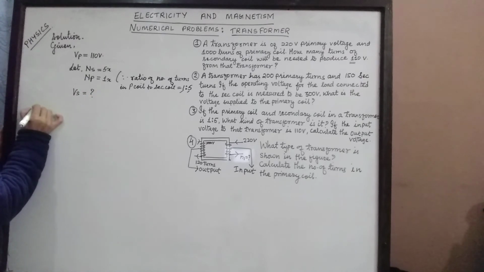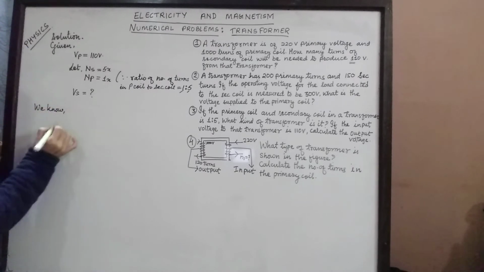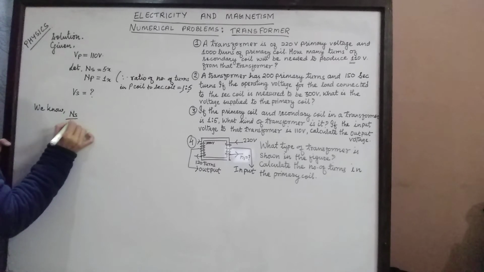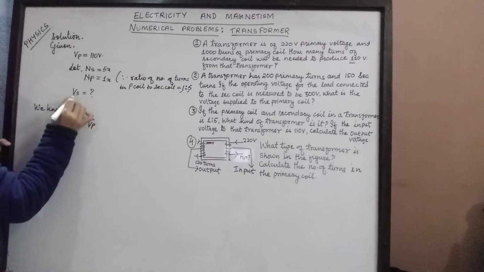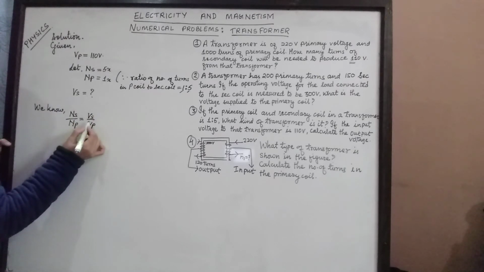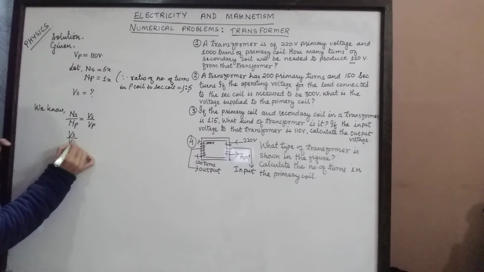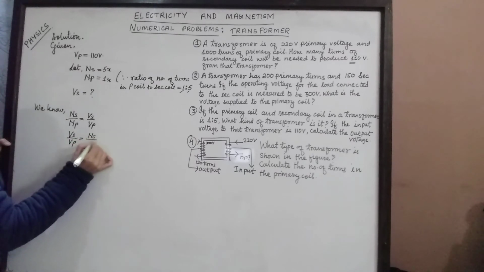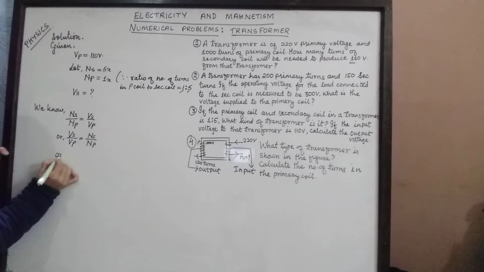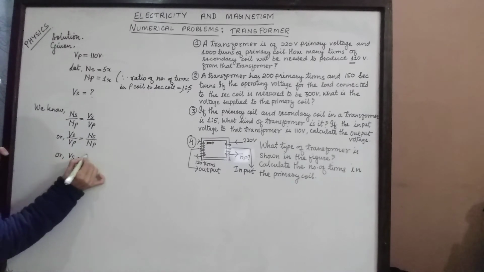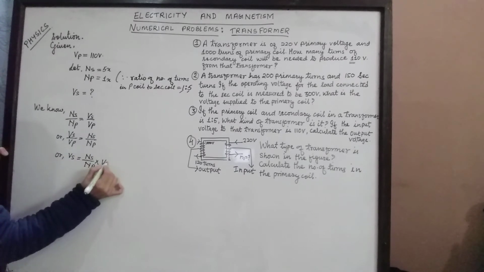Right. So we know NS by NP equal to VS by VP. Now you have to find out VS. So bring the right hand side to the left hand side. VS by VP equal to NS by NP. Now make VS alone on this side. VS equal to NS divided by NP into VP.